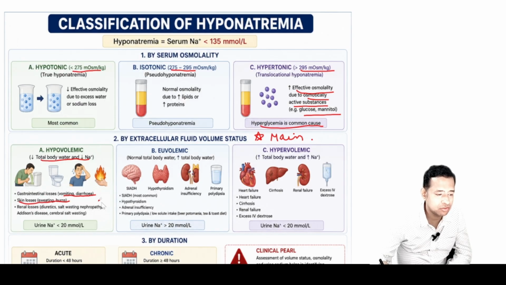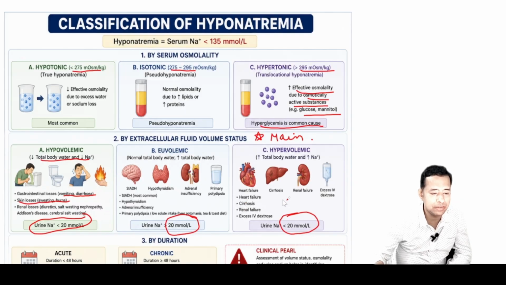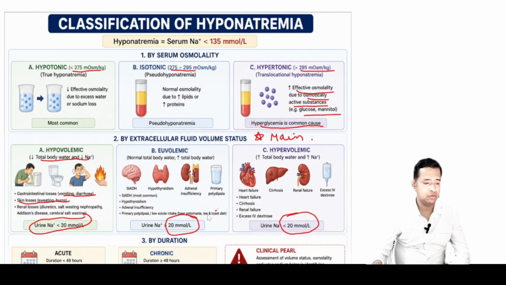Here urine sodium is lesser than 20 millimole per liter. Similarly, euvolemic is greater than 20 millimole. And again, hypervolemic is also lesser than 20 millimole, but the causes differ.